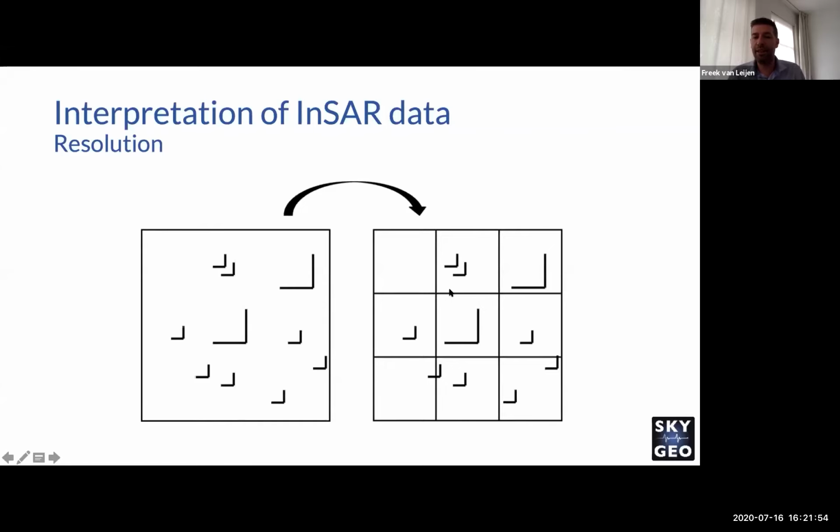With a finer resolution, you're not only able to identify multiple good reflectors, indicated by these big triangles, but you also have maybe less noise in your resolution cell. So it also improves the quality of your estimates.